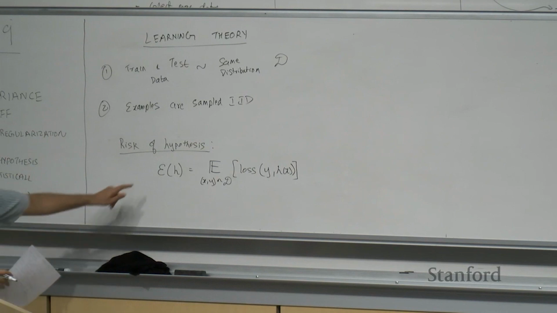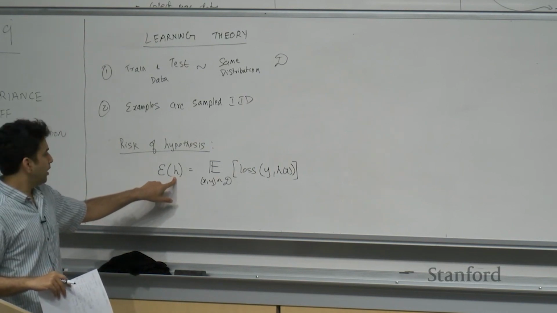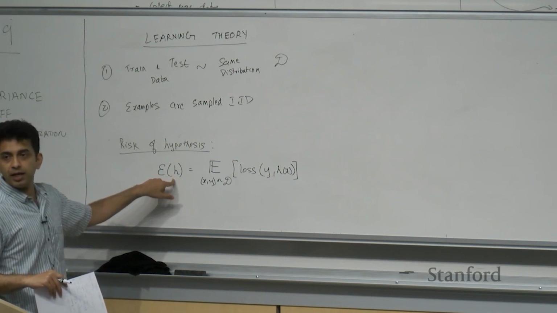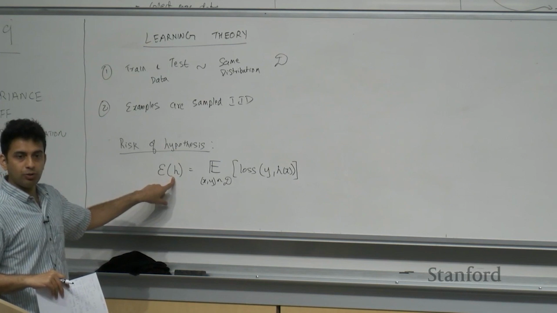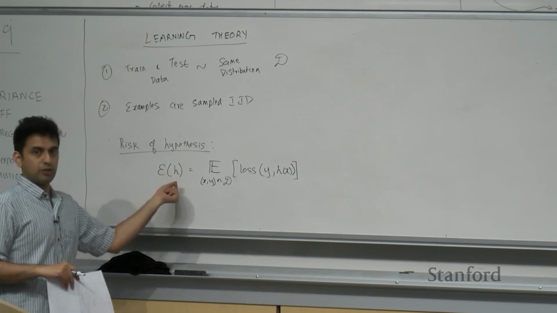Right? So h over here is our hypothesis. It's a function that takes as input some x and produces y as an output. So the risk associated with this function, right?